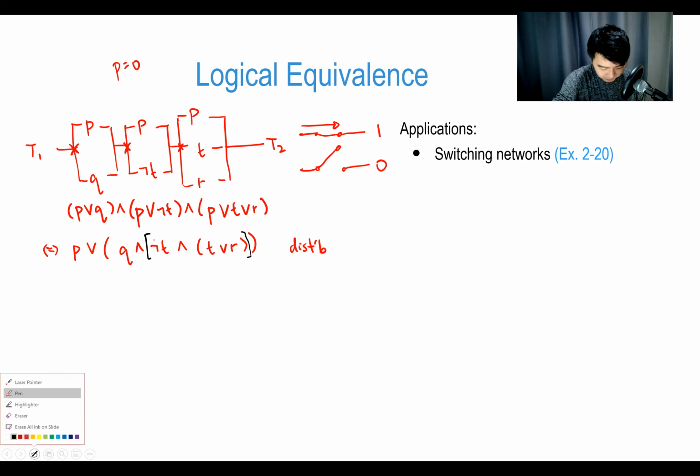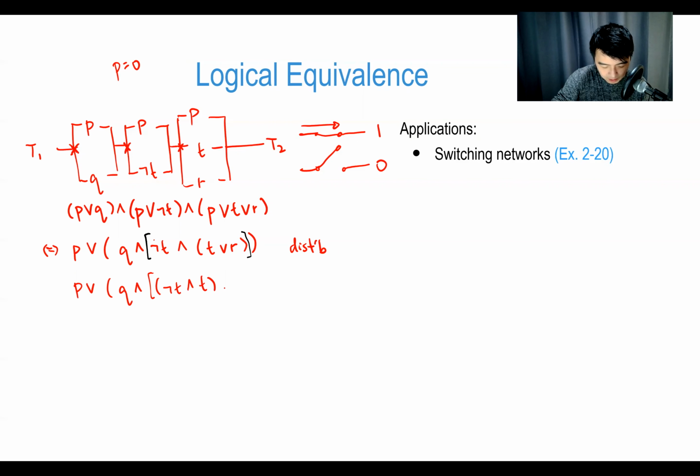So I kind of looked ahead a little bit. I saw the not T and T, and I need to get them together somehow. So I'm going to distribute the not T inside. The rest of this is going to remain the same. We're going to have a not T and T, or we're going to have a not T and R. And this was actually another distribution law.